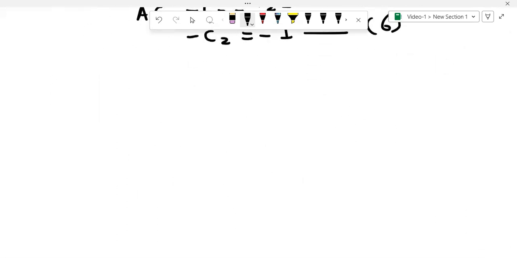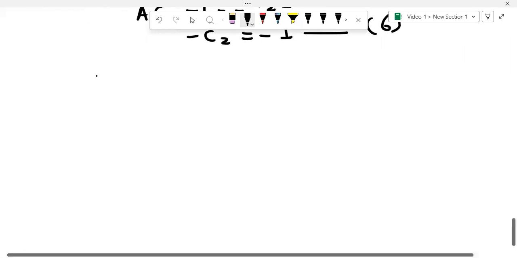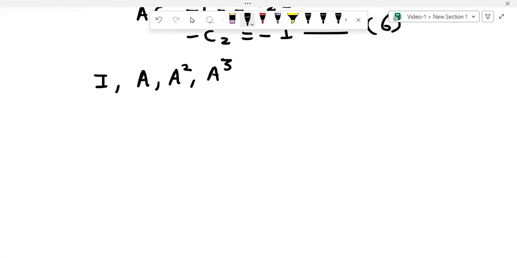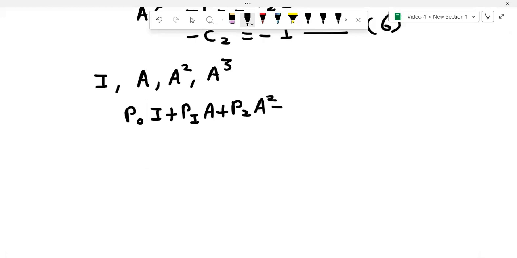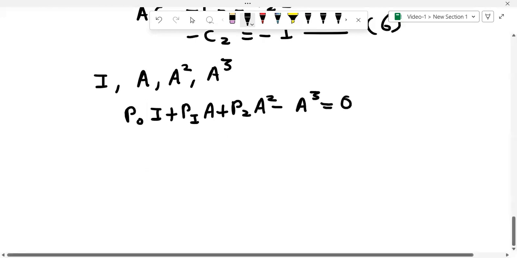Now, if you pre-multiply equations 3 to 6 by the identity matrix, matrix A, A squared, and A cubed respectively, and add them all up, all the elements on the left-hand side will cancel, and on the right-hand side you will get P0 I plus P1 A plus P2 A squared minus A cubed equals 0.